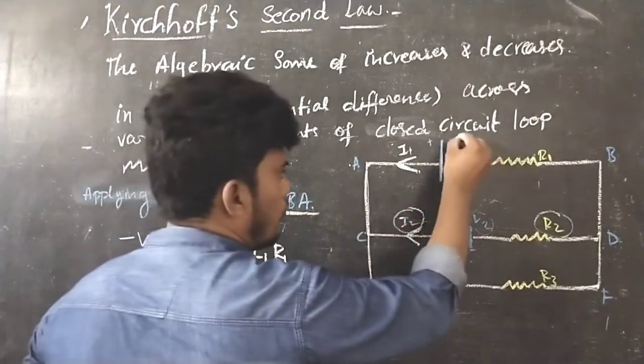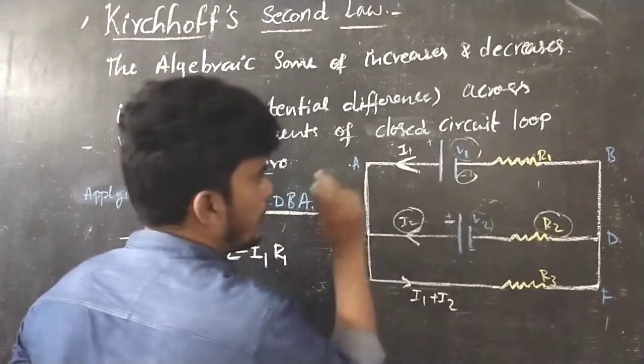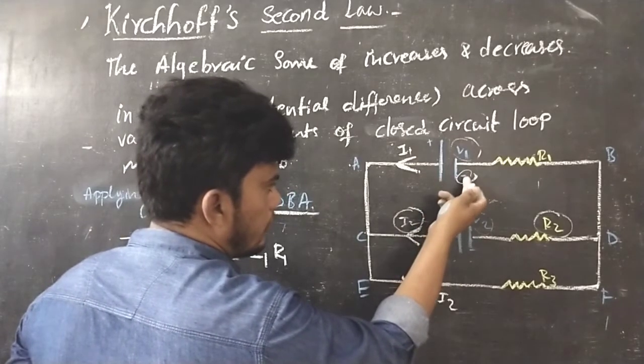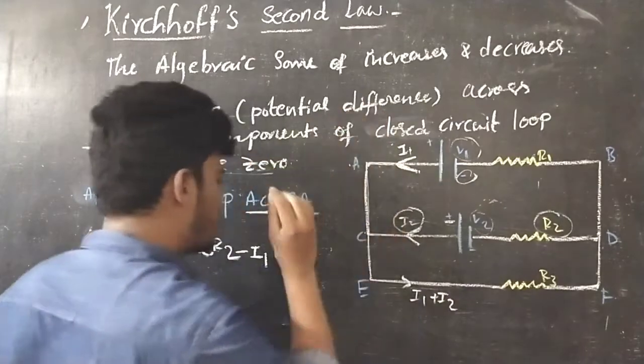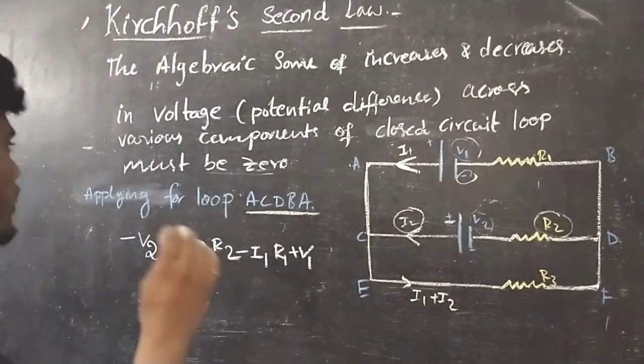What about voltage V1? Look at here. I am going from negative to positive. When we go from negative to positive, the value is positive, so V1 is positive. Look at here.